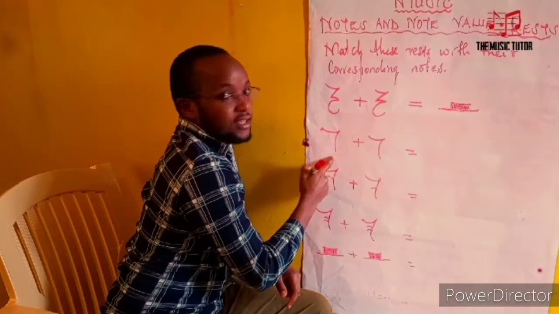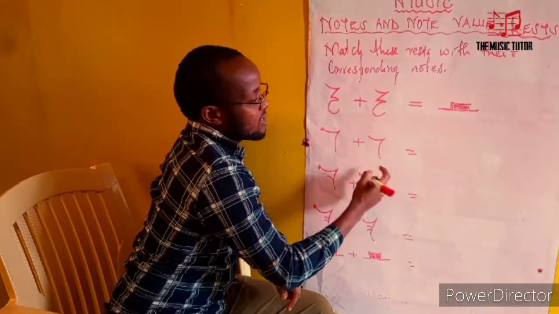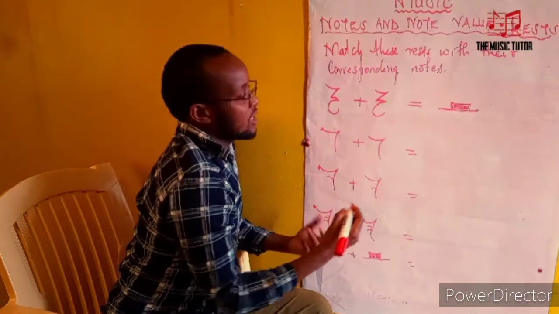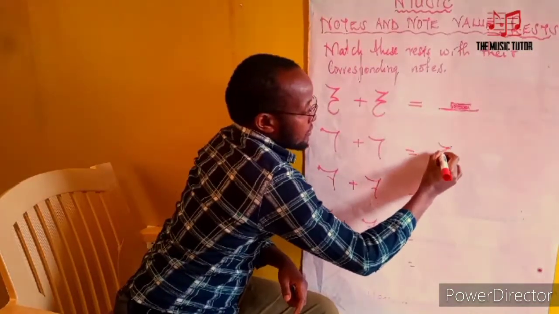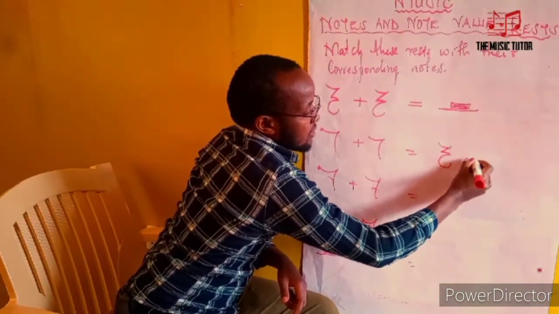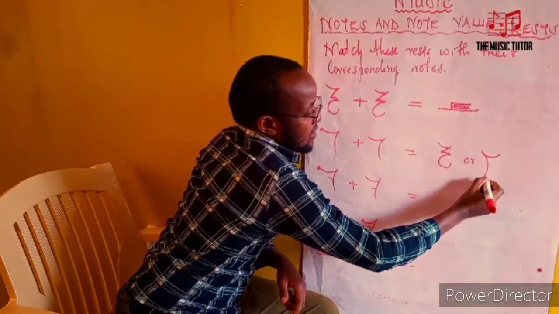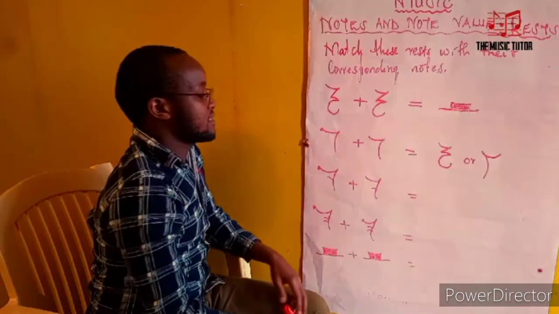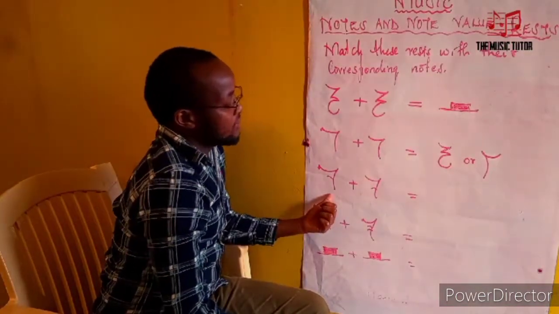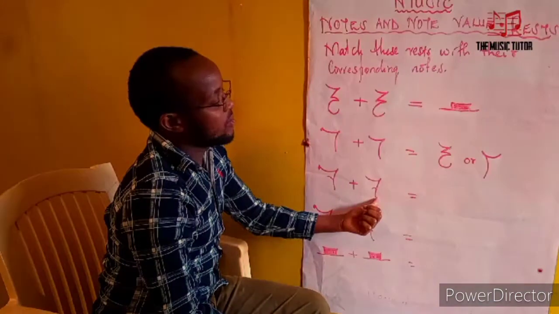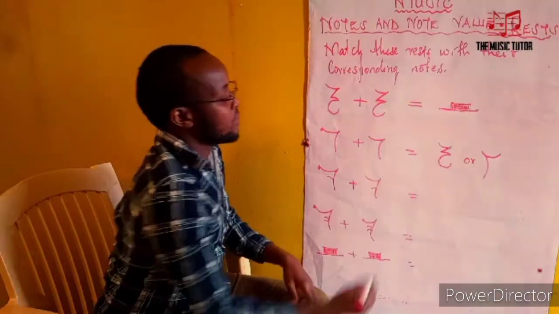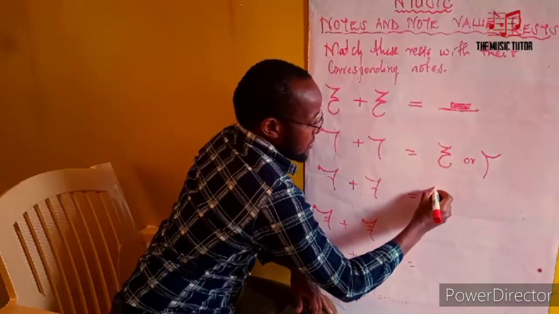This is a quaver rest, and this is a quaver rest, adds up to a crochet rest. Or you can write an improper number 7, an inverted number 7. A semiquaver rest and a semiquaver rest adds up to a quaver rest.